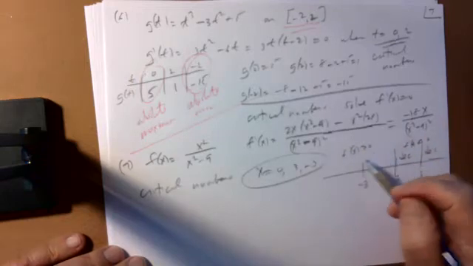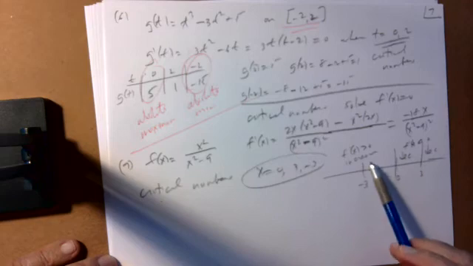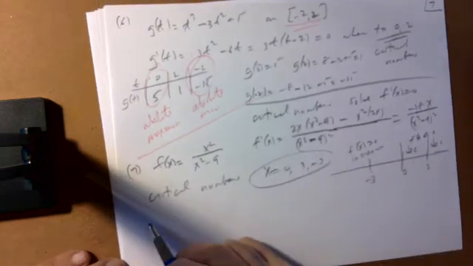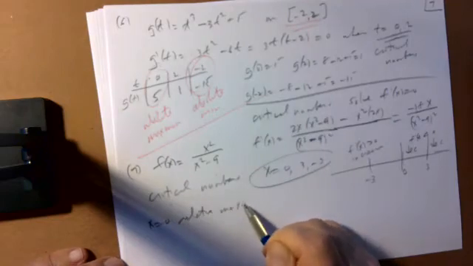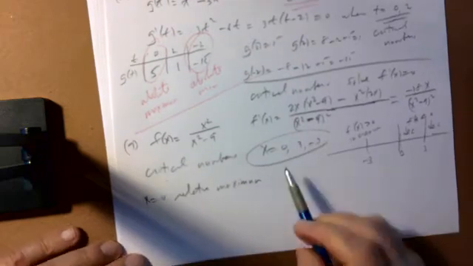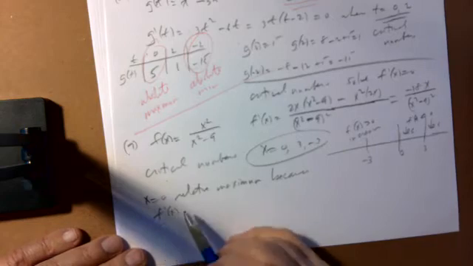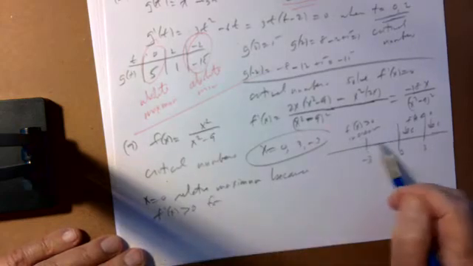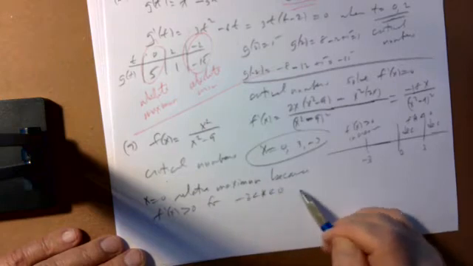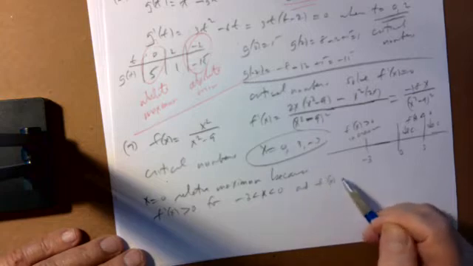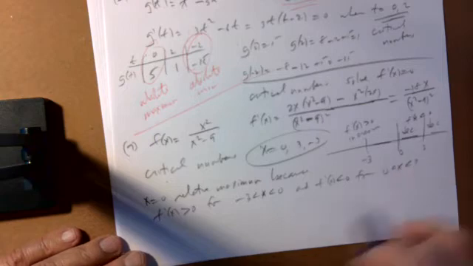So f of x is increasing on these intervals, and you see you have increasing and then decreasing, so x equals 0 is a relative maximum, because f prime of x is greater than 0 on the interval from -3 less than x less than 0, and f prime of x is less than 0 on the interval x between 0 and 3.